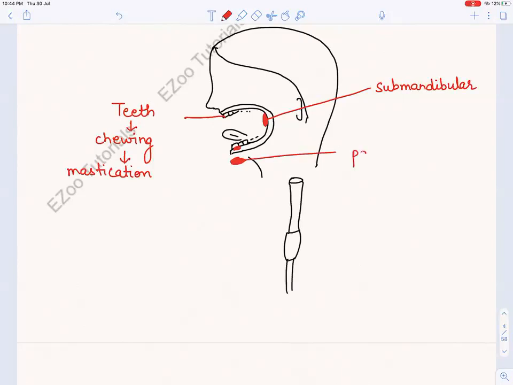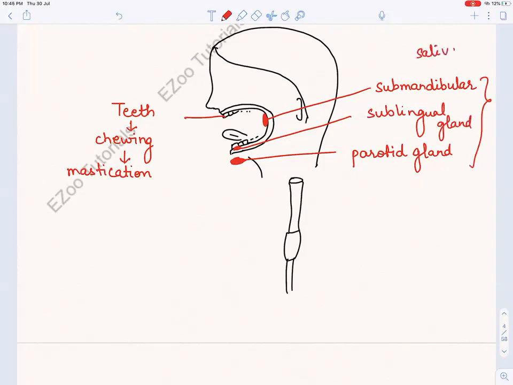We'll do all these glands in detail: parotid gland and sublingual gland. It's below the tongue, so sublingual gland. I'll tell you the exact coordinates, what they're secreting and what it is helping in, when we do salivary glands.